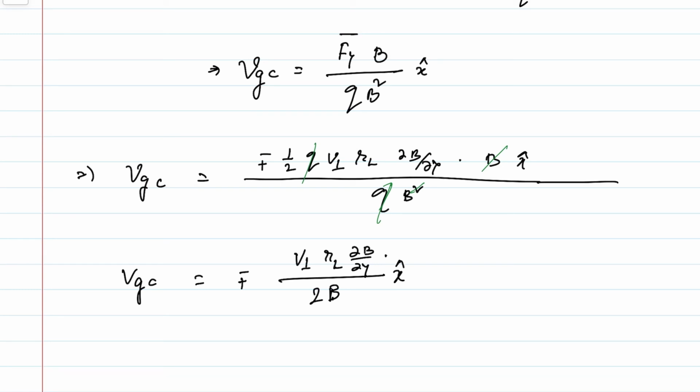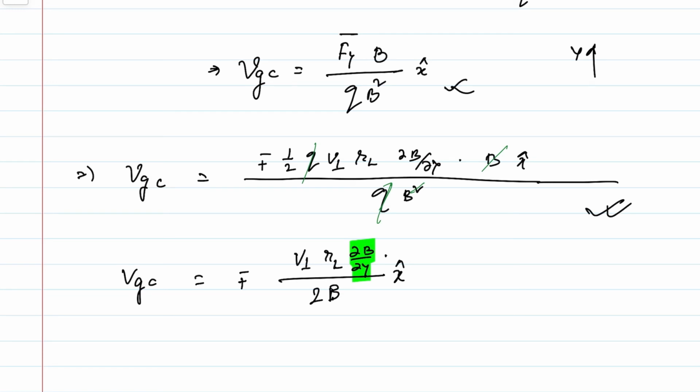Here you see, I have written del B by del y because the gradient of B is along the y-axis. The variation of the field lines is along the y direction, isn't it? So that's why we have got this expression.